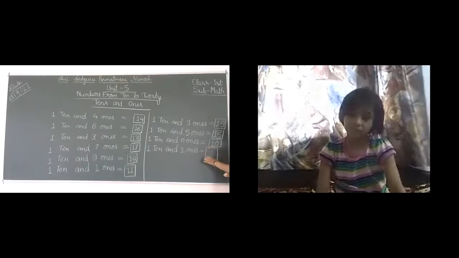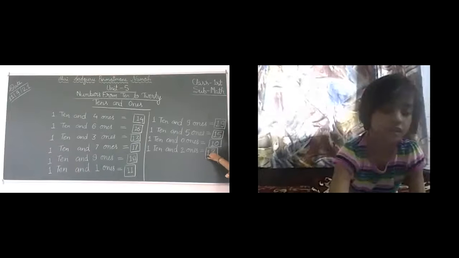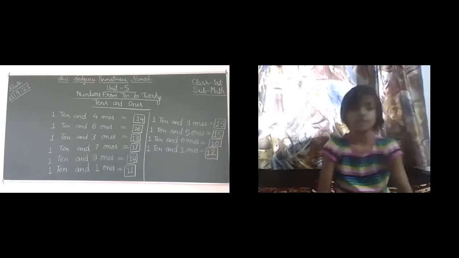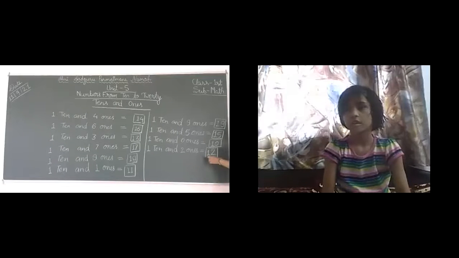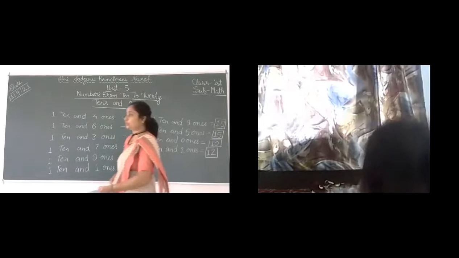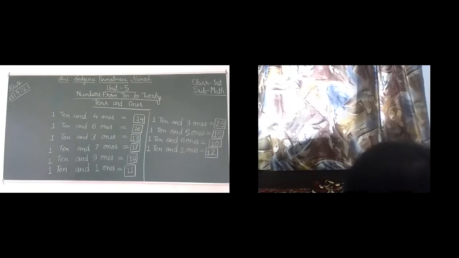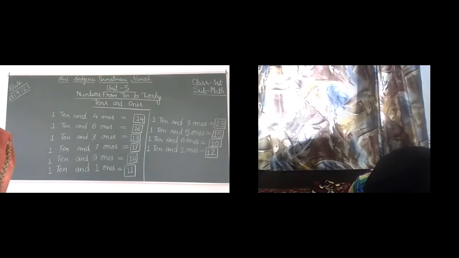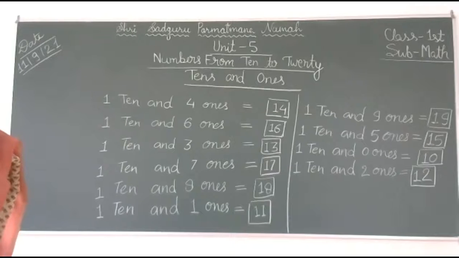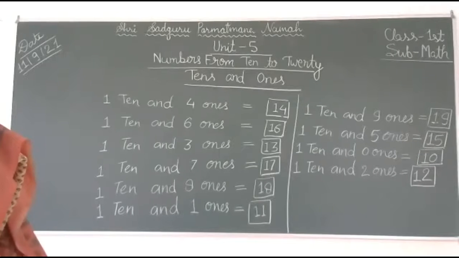Very good. 1 ten and 2 ones is equal to 12. Okay. So all of you write down in your math notebook and write neat and clean. All of you completed?